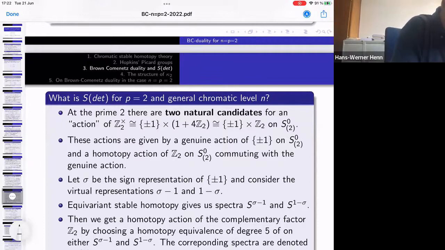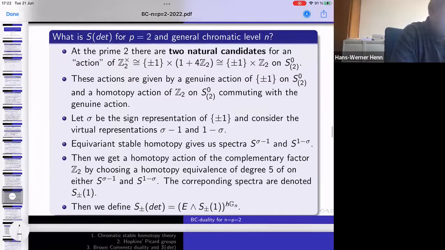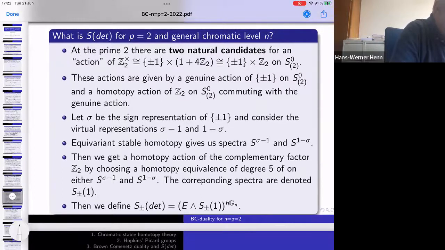And then the homotopy action of the complementary factor Z_2 is given by choosing a homotopy equivalence of degree 5 on either S^{σ-1} or S^{1-σ}. And then the fibers of this homotopy equivalence are denoted S^+ and S^-1.